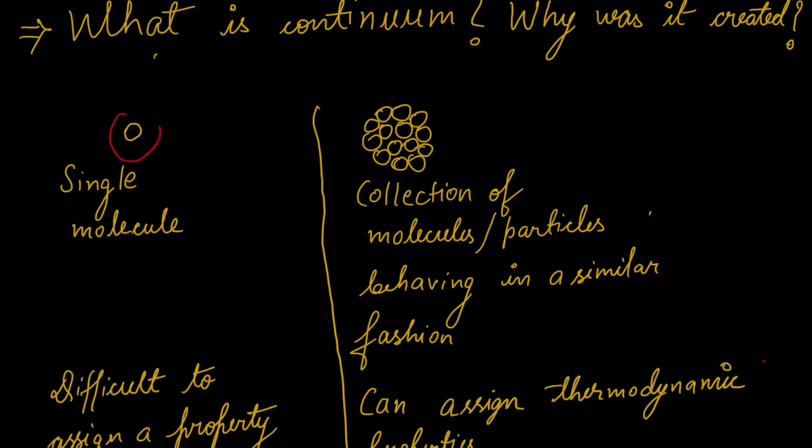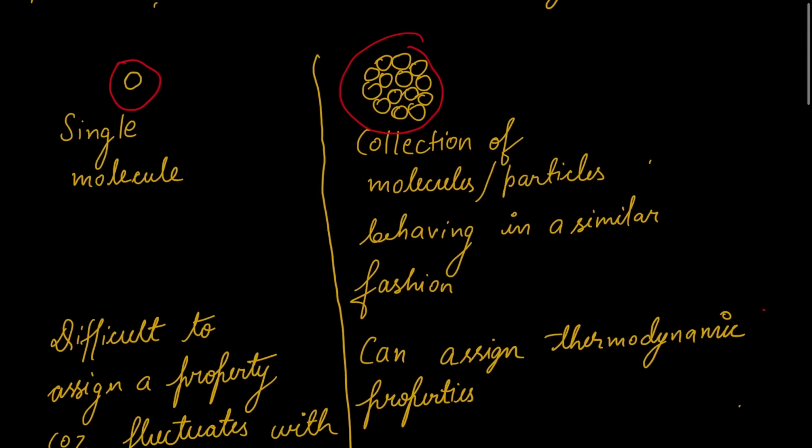Now, when I talk about continuum, we are talking about many different molecules, and we are taking that space which has many different molecules, particles, atoms, whatever you want to say, and they are behaving in the same way. This is a single molecule on the left hand side.